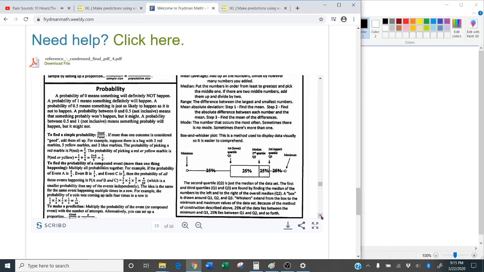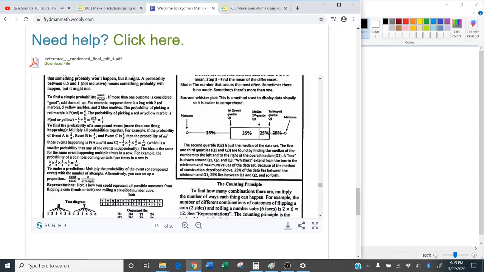To find the probability, we need to do good over total. So we need to ask ourselves, how many possibilities are good, and compare that to the total number of possibilities that there are. That'll give us the probability of something good happening.